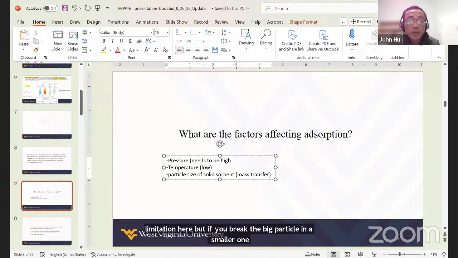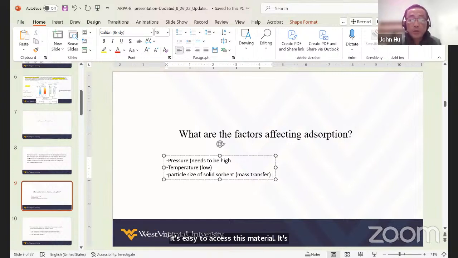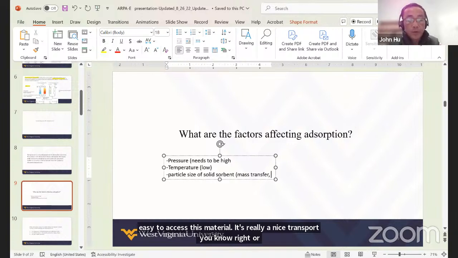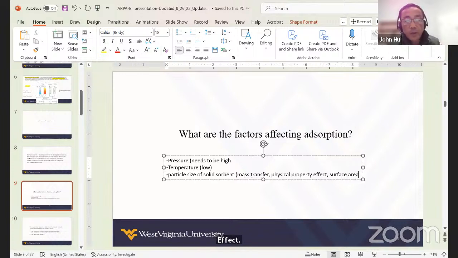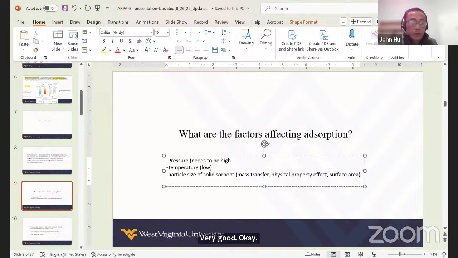It's really mass transport, or mass transfer, or I would say a physical property effect, like surface area, all right? The smaller the particles you break, the larger the surface area, and the easier for the material to access. Very good. Okay, so particle size of the solid sorbent. What else?